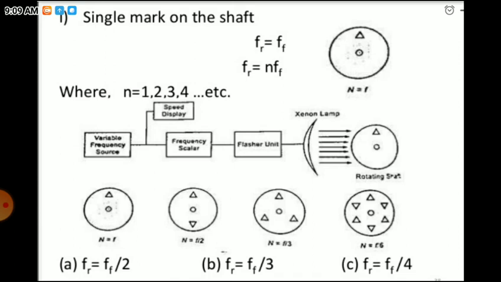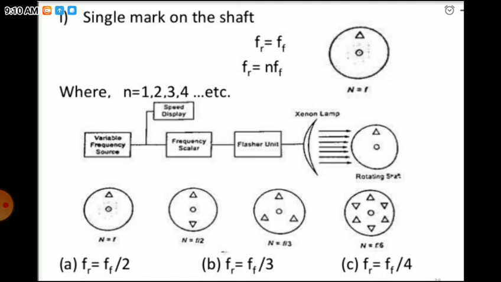Now consider a disc having 6 marks. You can see the diagram at the bottom right-hand side, having 6 marks as shown in the figure. This disc is attached to the shaft of the rotating machine and is illuminated by a series of successive flashes by a stroboscope.